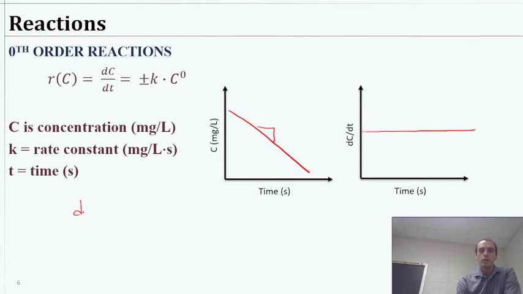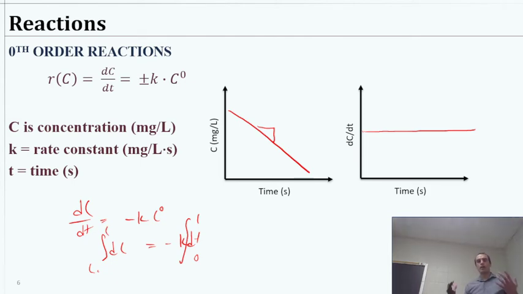Okay, so for a zero order reaction here, if we were to say dC/dt is equal to negative k times C to the 0 power, and we wanted to integrate this, we can separate and say dC equals negative k dt, and integrate each of those from 0 to t, and from our initial C naught to C final.